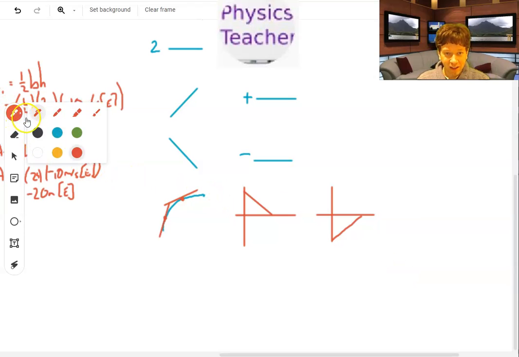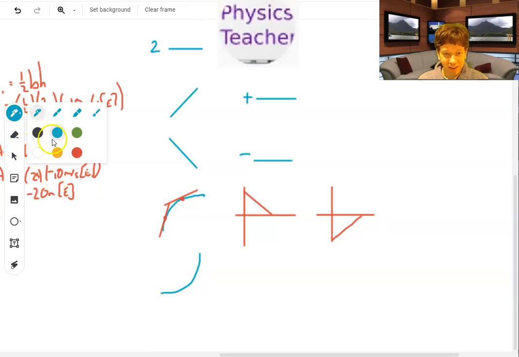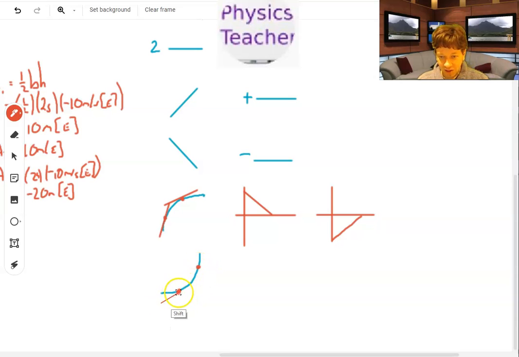Okay. Other types of curves is I can show a curve that looks like this. Okay. And in this case, if we look at any points there and look at their tangent, like if I looked at this point and then this point, you can see the slopes are increasing. Again, that's a terrible line, but you get the point.